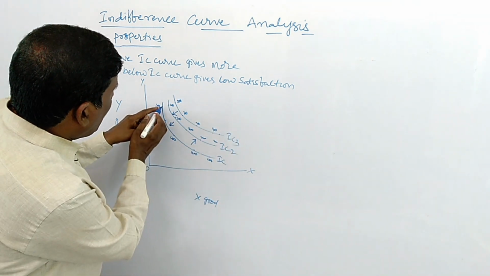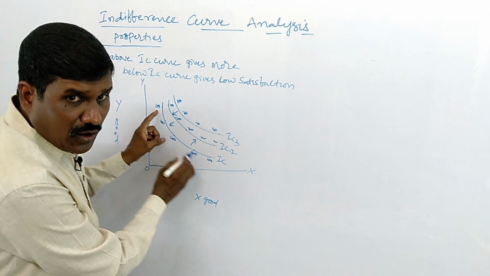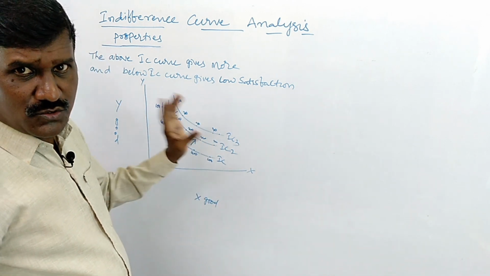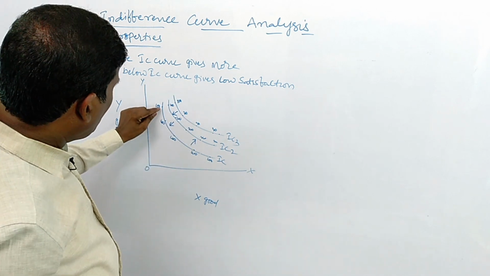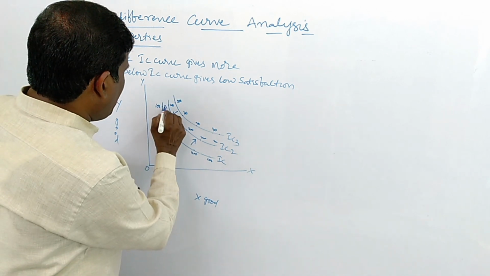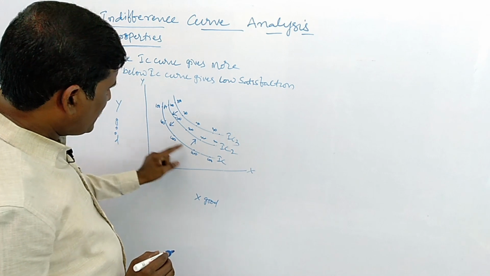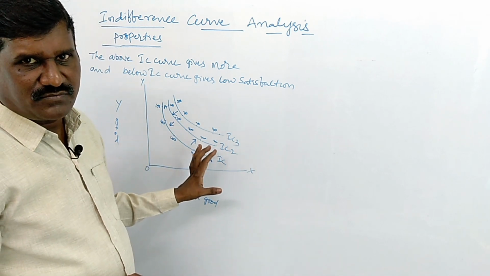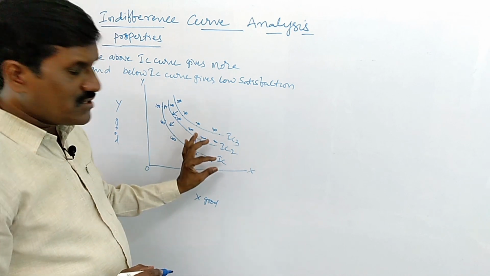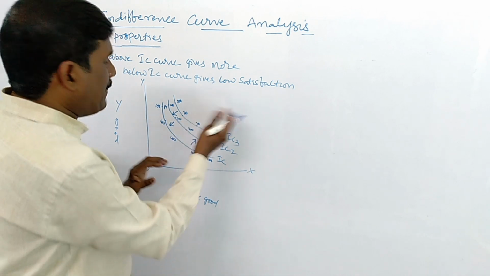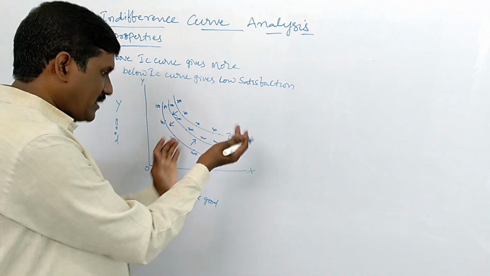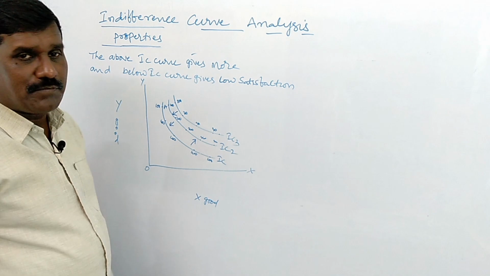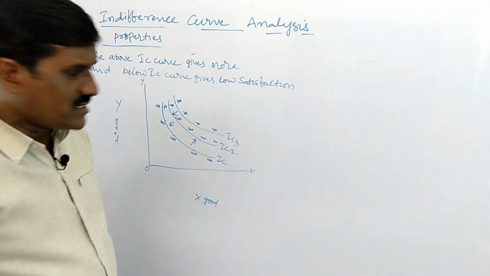But on the IC curve, all points give us the same satisfaction. That is a very important point, don't forget it. Here point A, for example, A 100, B 100, C 100, D, E, F. All points will give the same satisfaction, but the above curve will give more satisfaction and the below curve gives us less satisfaction. So this is also one of the properties of indifference curve.